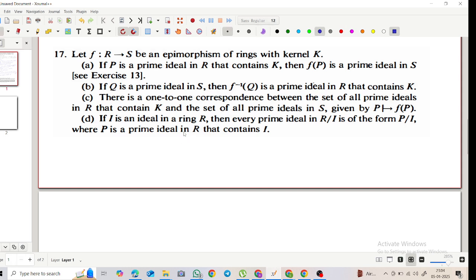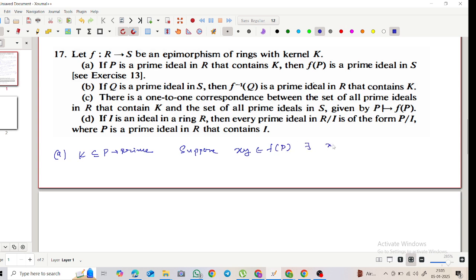Okay, so P is prime in R and contains K, then FP is a prime ideal in S. So K contained in P where P is prime. And in our discussion, we are taking commutative rings with identity. Okay, so if xy is in FP, F is an epimorphism, right?